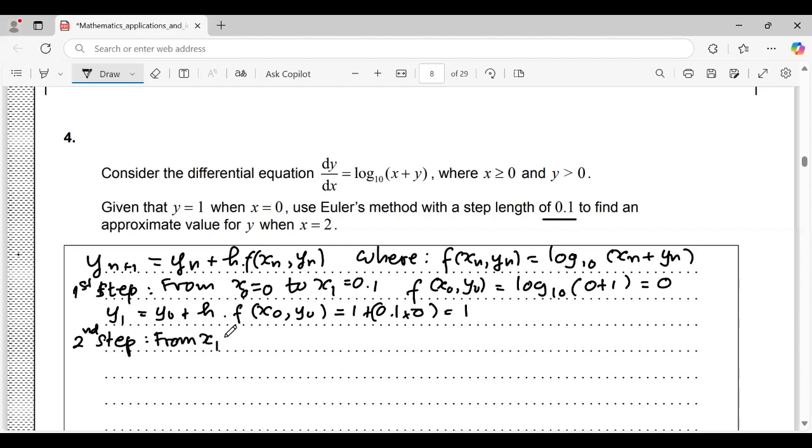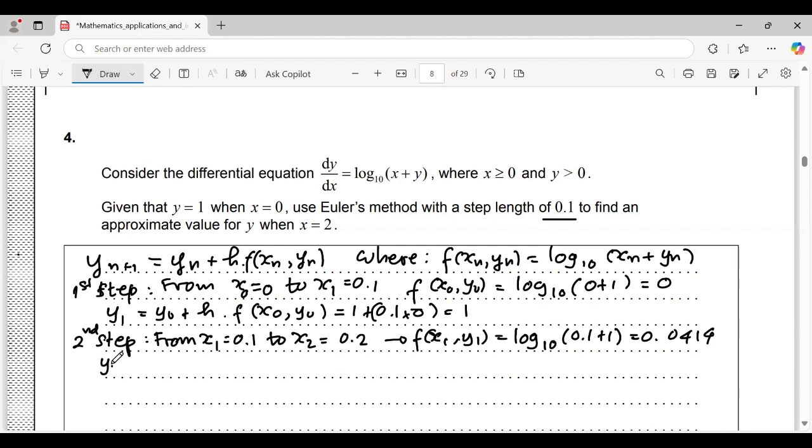Next, the second step, from x1 equals 0.1 to x2 equals 0.2, because the step length is 0.1. So f(x1, y1) equals log10(0.1 plus 1), it is log 1.1, which is 0.0414.